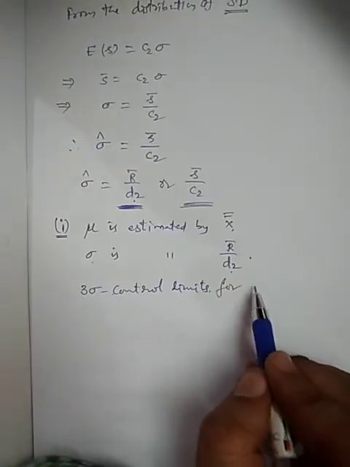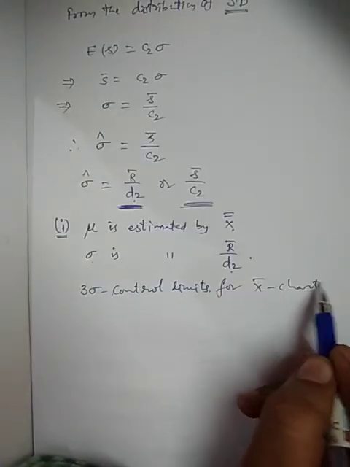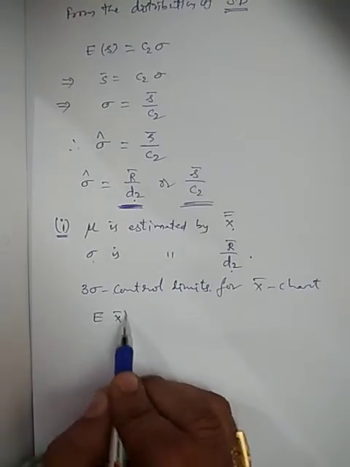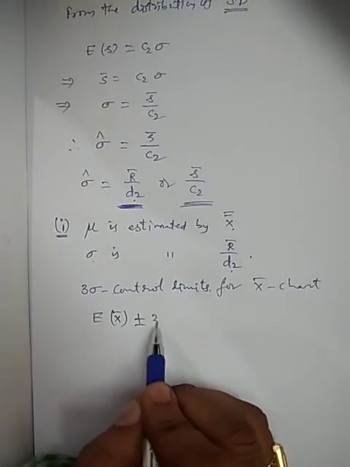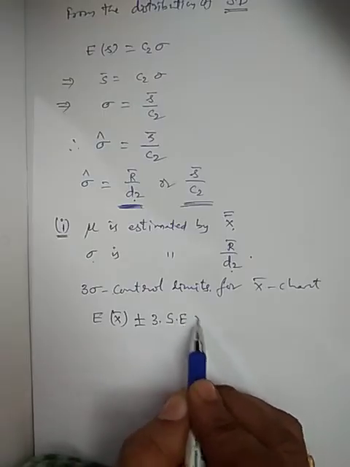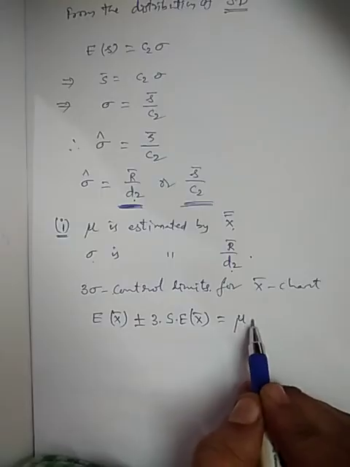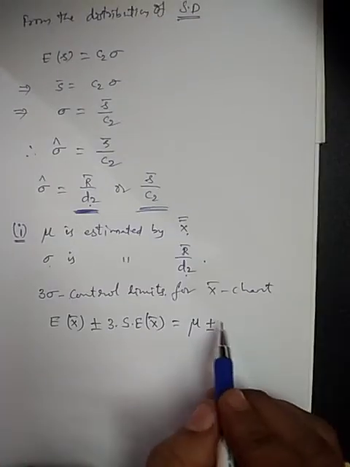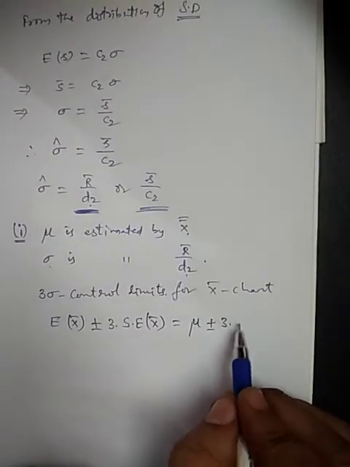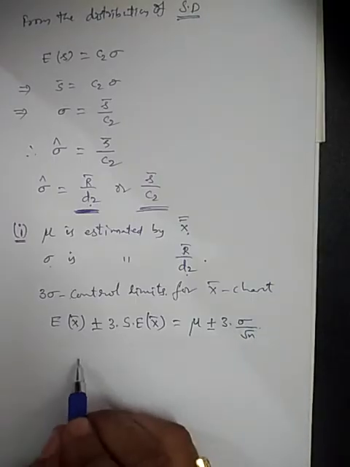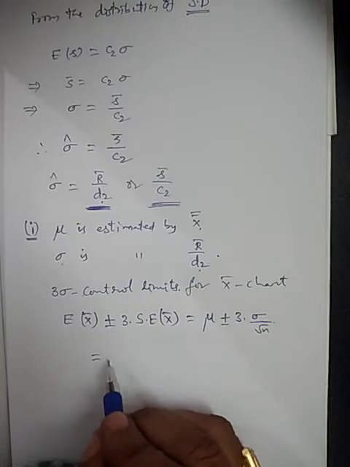What is the formula? Same formula: expectation of x bar plus or minus 3 into standard error of x bar. That is mu plus or minus 3 into sigma by root n. I am going to the original formula because sigma is not known. Therefore, I am replacing the formula.